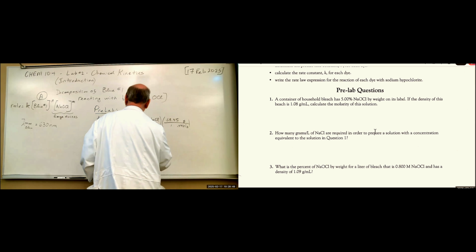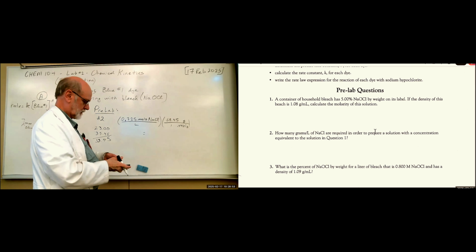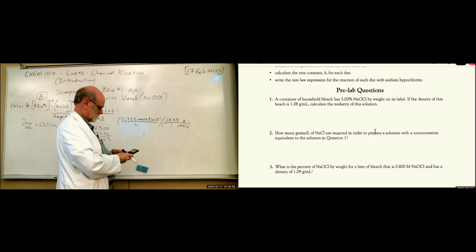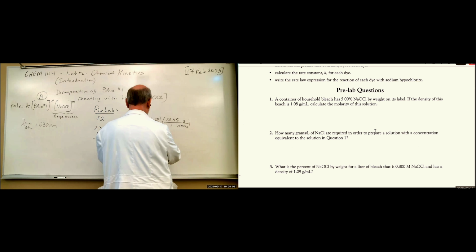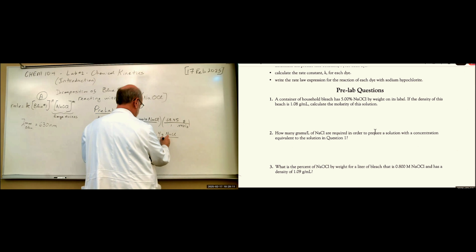There we go. Oh, there it is right there, my calculator. 0.725 times 58.45. So that's 42.4 grams of sodium chloride per liter.